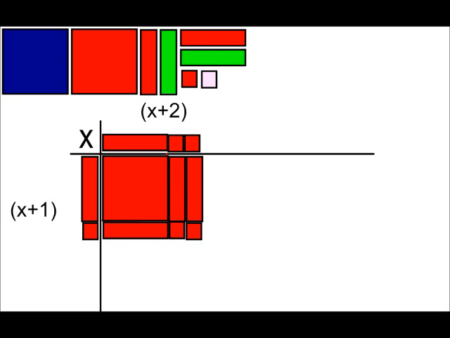So, you can see that that's x times x is x squared. x times 1 is x. 1 times x, 1 times x, and then 1 times 1, and 1 times 1. So our answer is x squared plus 3x plus 2.